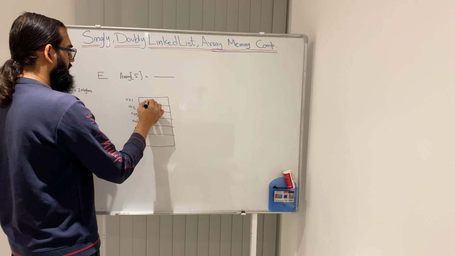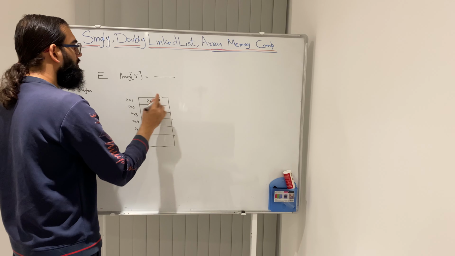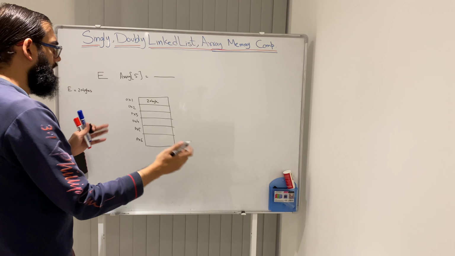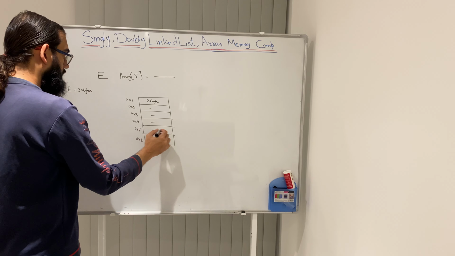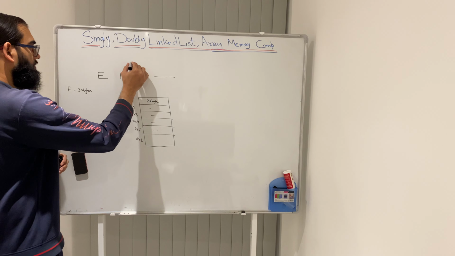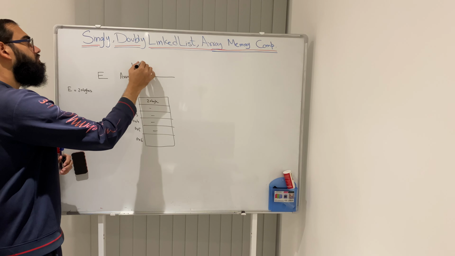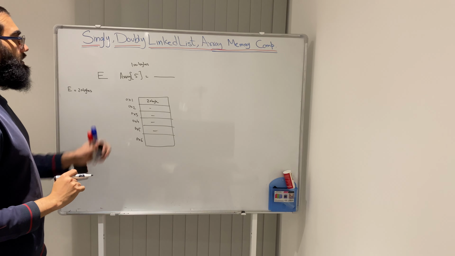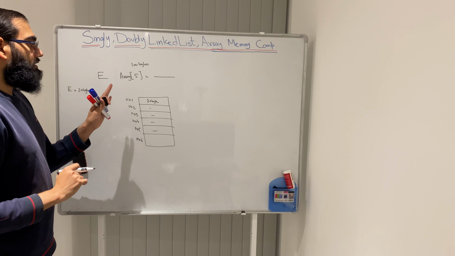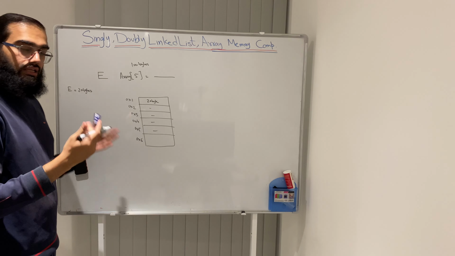So I will have 20 bytes. I'm assuming this whole block is 20 bytes, 20 bytes, 20 bytes, and there will be 5. So in total we are going to get 100 bytes. So this is an array. The thing is, an array is a continuous memory.